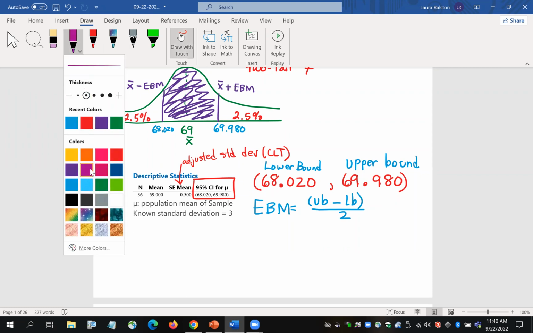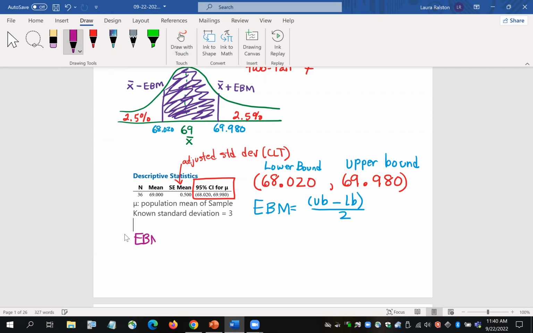So for this problem, I would have my error bound margin is 69.980 minus 68.020, and then that's divided by 2. Again, please be careful. Make sure you follow order of operations. You need to do the subtraction in the numerator first using your calculator.